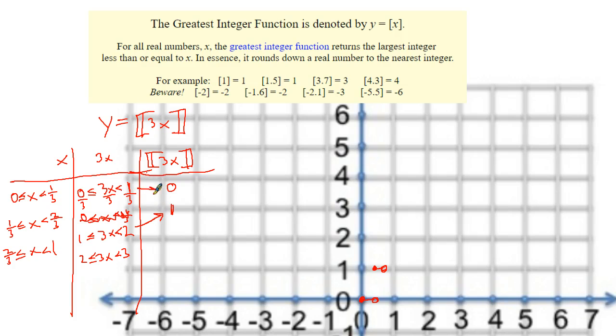This matches with this, and this guy right here, the y value is going to be 2, because if we round down any of these numbers between 2 and 3, we're going to get 2. So when we go to y is 2, we get a closed dot at 2/3, and we go all the way up to 1, except we don't touch 1. So this is kind of what the graph looks like when we do greatest integer of 3 times x. Alright, so that's the greatest integer function.